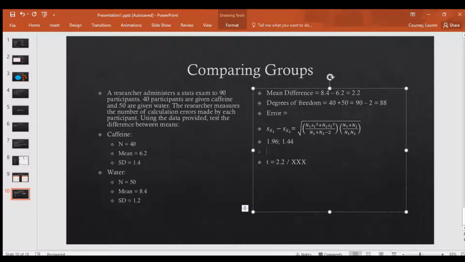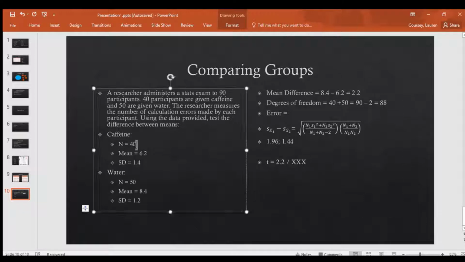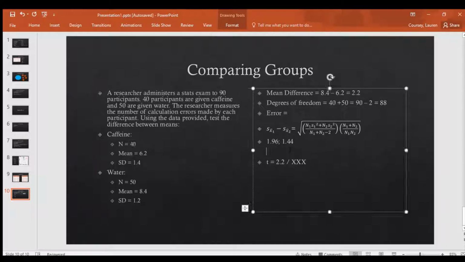Now let's step through this. N1 refers to the sample size of our first group. So that would be 40, and we'll multiply that by our 1.96, and then we would add our sample size for the second group of 50 multiplied by our standard deviation squared, which was 1.44.